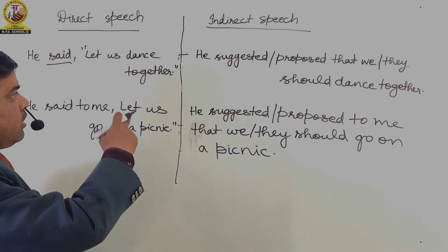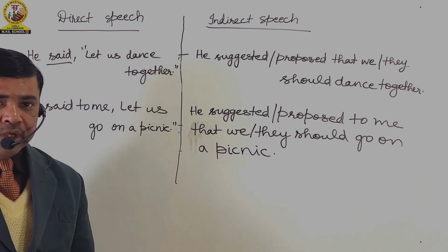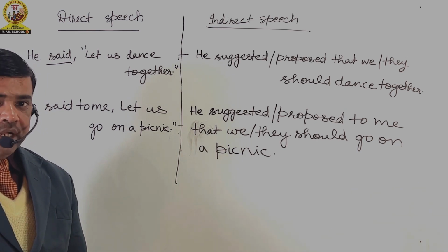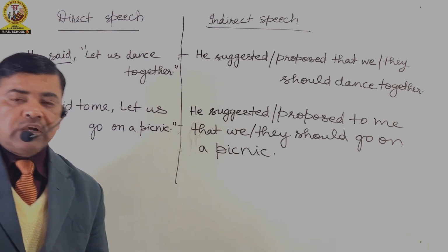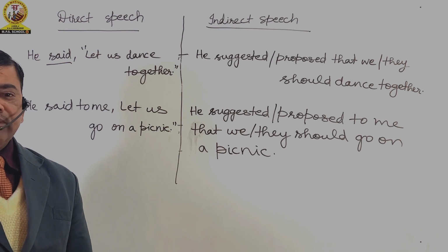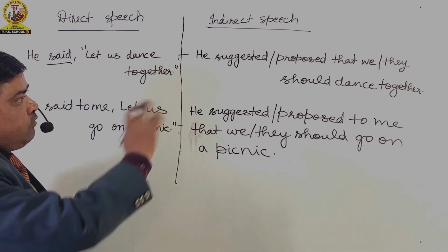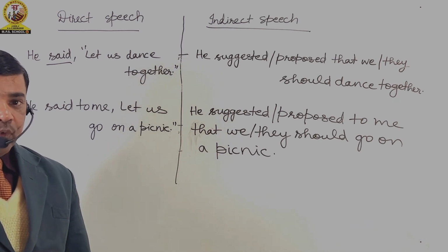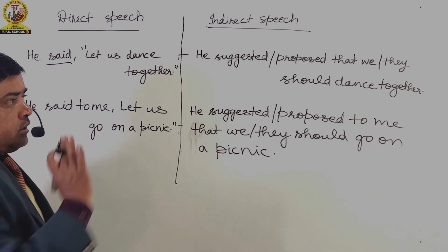We shall write only he suggested or proposed that we should dance together or they should dance together. It depends on the reporter whether he or she wants to include himself or herself or not. If the reporter does not want to include himself or herself, we shall use they. And if the reporter wants to include himself or herself, we shall use we.